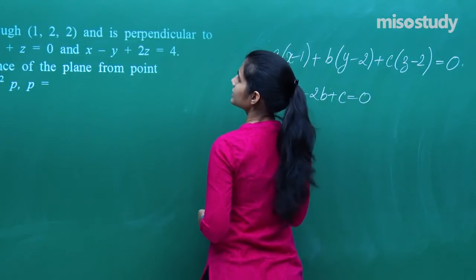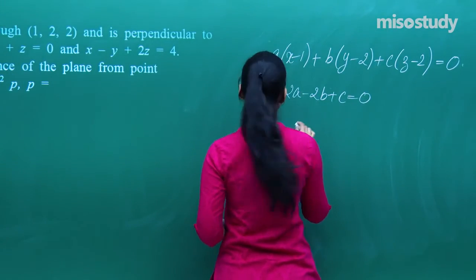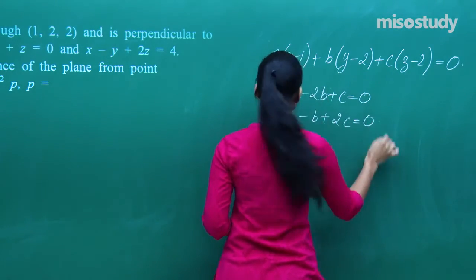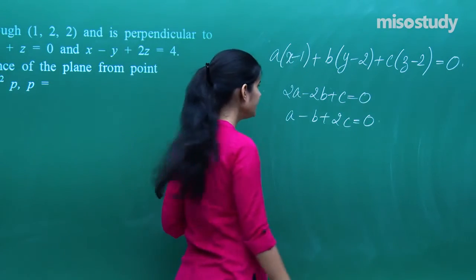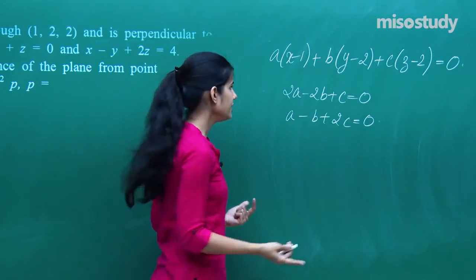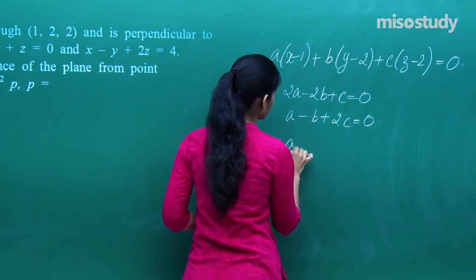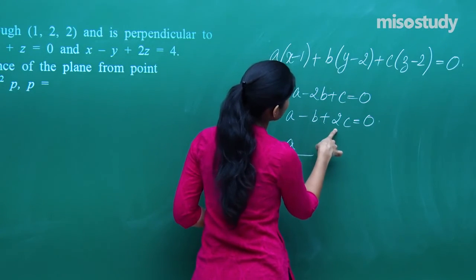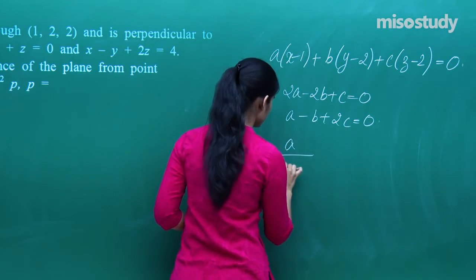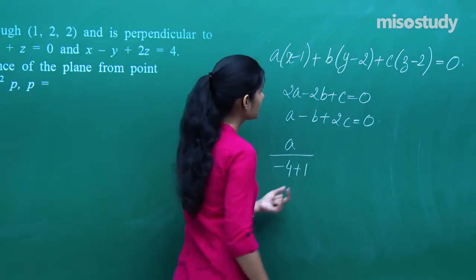and you also get a minus b plus 2c equals 0. Fine. The dot product of their normal vectors is basically 0. From here you get what? A upon, this becomes what? Minus 4 plus 1, isn't it?